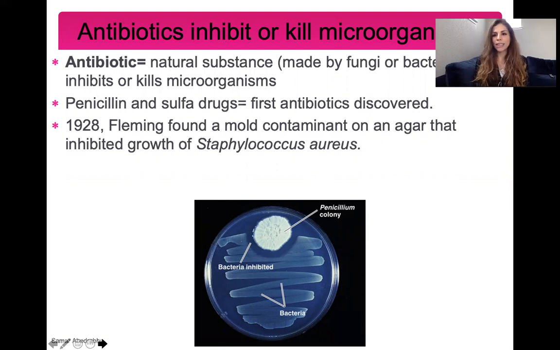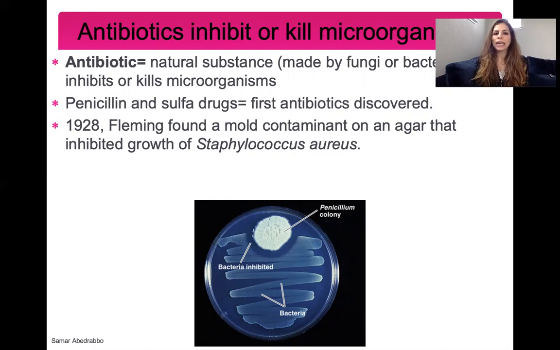If a bacterium does produce antibiotics, they're producing it to kill other bacteria, not themselves, so that they have more room to grow. And a lot of our antibiotics have come from different fungi. Penicillin and sulfa drugs, both of which are classes of antibiotics, were the first antibiotics discovered. We have a good amount of antibiotics right now, not a lot, but a good amount.